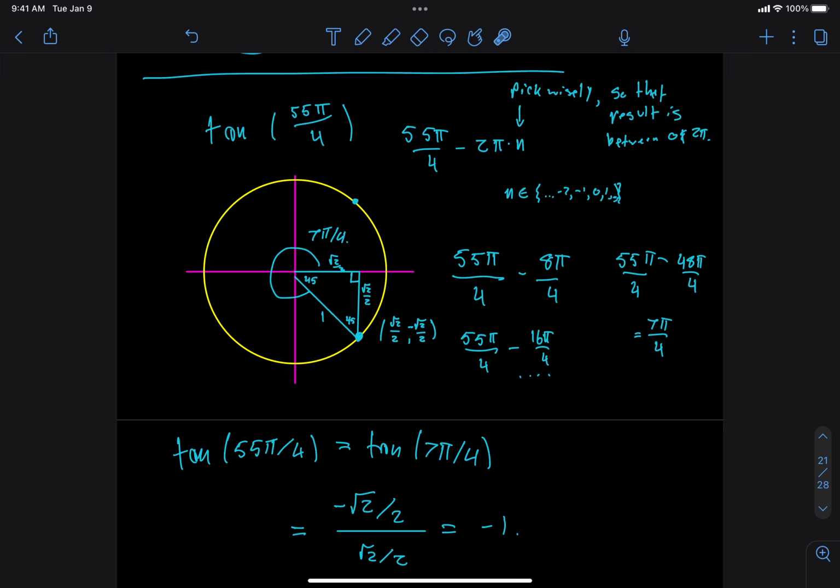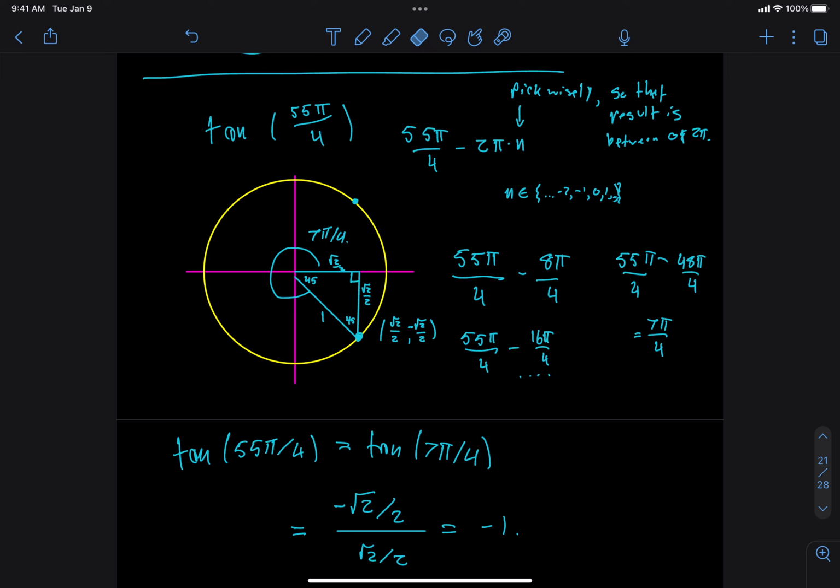But it's probably easier if you can have a little bit of foresight to say, well, I know that the multiple of 8 pi over 4, which I should subtract in order to make the numerator less than 8 pi, would be to subtract 48 pi over 4. Does that make sense? Any questions on how we got the angle to be more friendly?